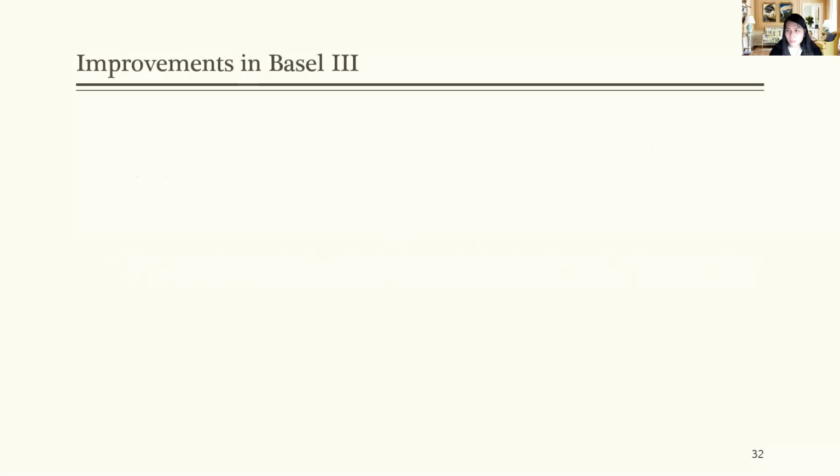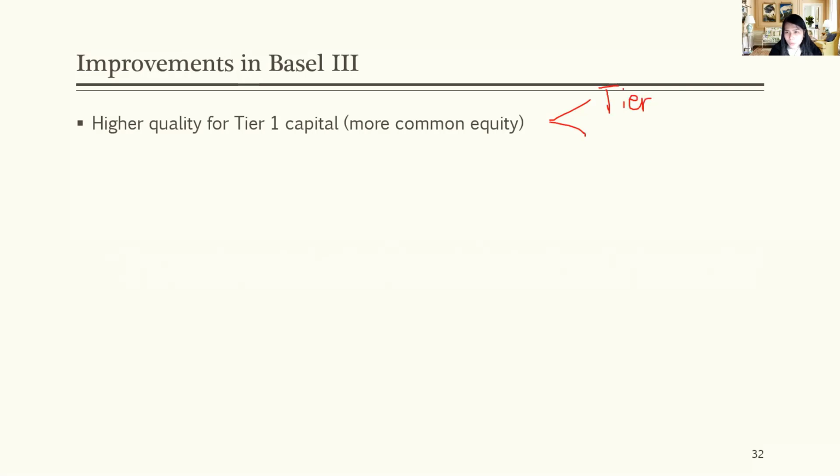So some of the examples of the improvements in Basel III relative to Basel II was that, number one, they require higher quality for Tier 1 capital. So in the capital requirement that I mentioned before, you can have different types of capitals, right? Tier 1 and Tier 2. So Tier 1 is very safe, very high quality capital, and normally it's common equity, right?